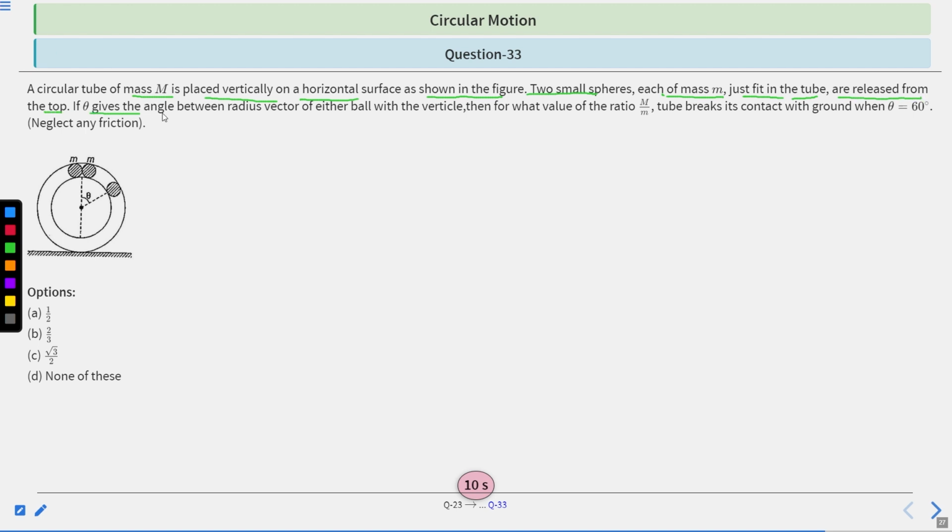If theta gives the angle between the radius vector of either ball with the vertical, then for what value of the ratio m/M does the tube break its contact with the ground when theta equals 60 degrees? Clear? Neglect any friction. Which one is correct? Option A 1/2, option B 2/3, option C root 3 by 2, option D none of these. You have 10 seconds to solve this question. After 10 seconds we will provide the solution.